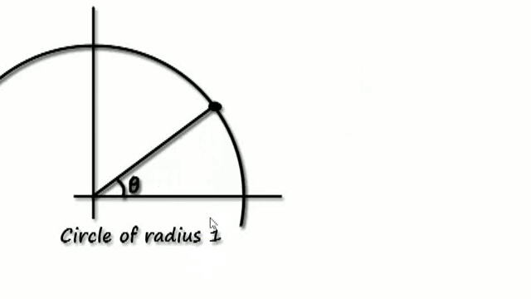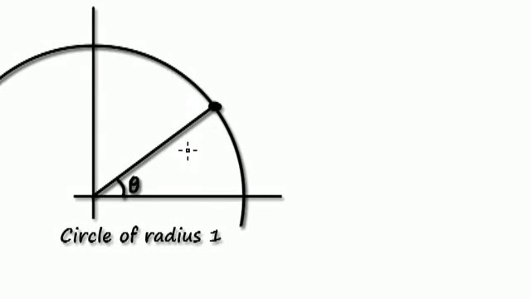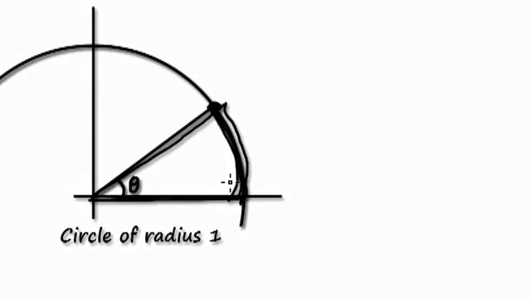And then if you were to draw a straight line straight across here, from here to here, let me show you. Here we've got a segment of a circle. That's one area.